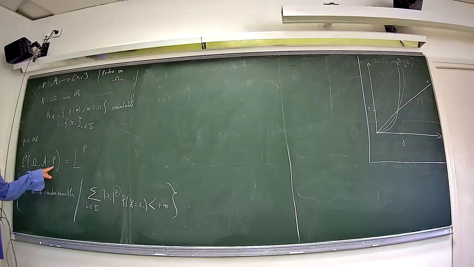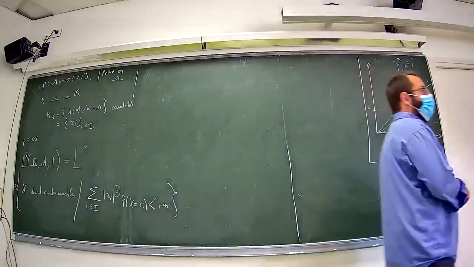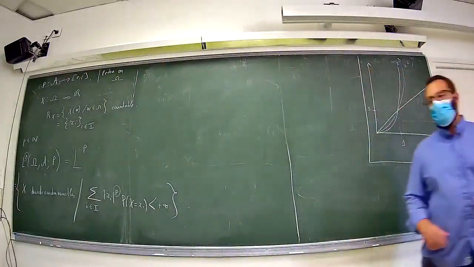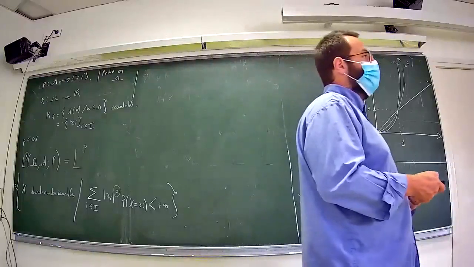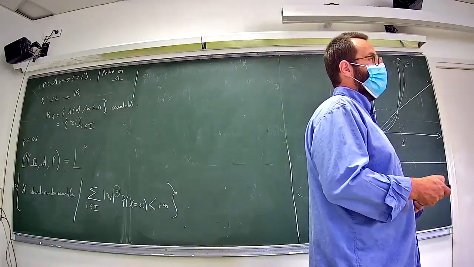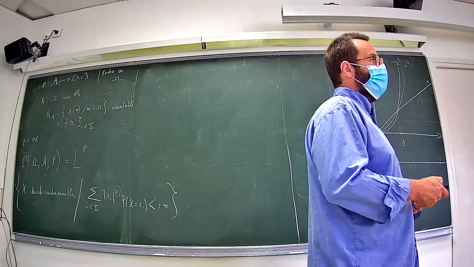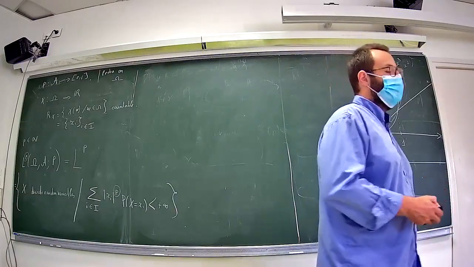Now be careful, it's not the capital P. You have a small p and a capital P, capital P being my probability and small p being a number. So you have here, if I take my slides, the number small p that is present in this expression, and capital P, that is my probability, that is present here.